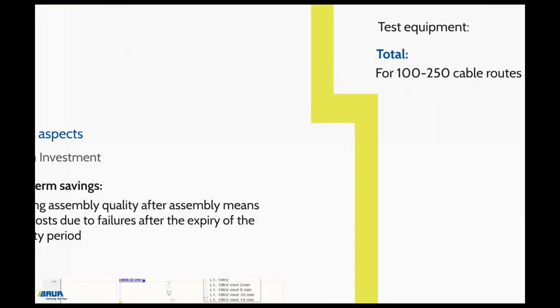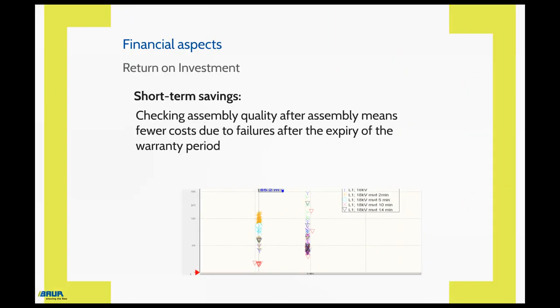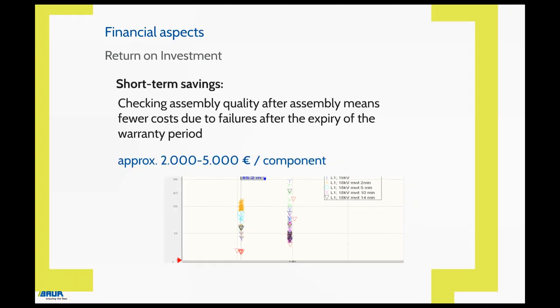This compares to the following savings that can be achieved by the use of cable testing and diagnostics. Failures after the expiry of the warranty period can be significantly reduced by the checking of assembly quality, resulting in savings of at least 2,000 to 5,000 euros per component.